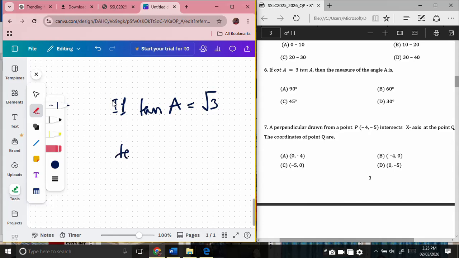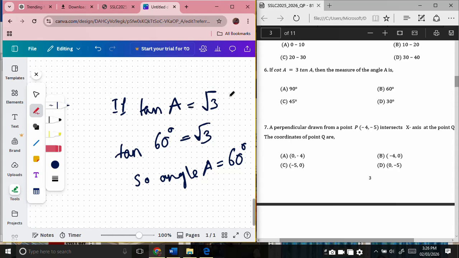So tan 60 degree is equal to root 3. So angle A is going to be 60 degree.